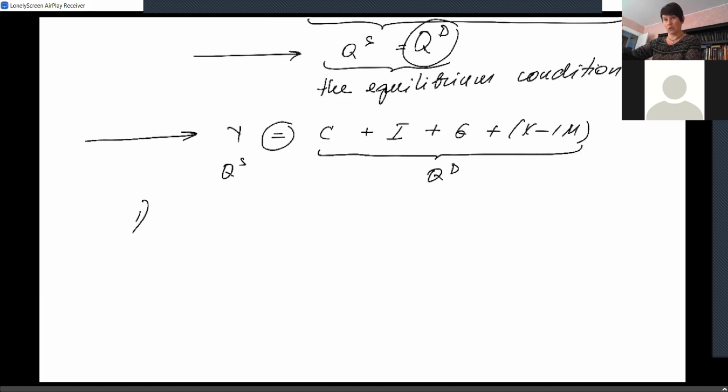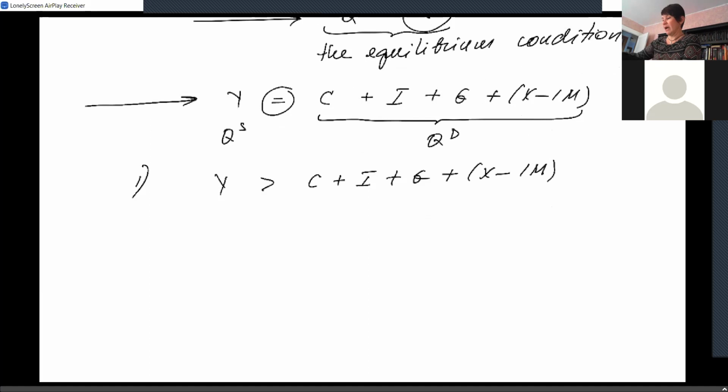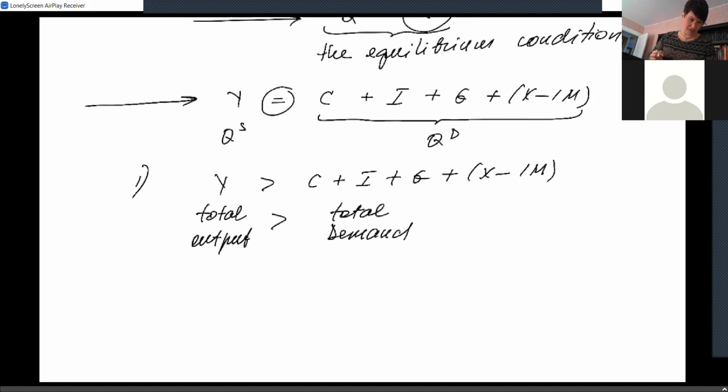through shocks to the economy, this equilibrium disappears, and we could have a condition for the entire economy where total output, which is Y, or aggregate supply, or quantity supplied overall for the economy, exceeds total demand.